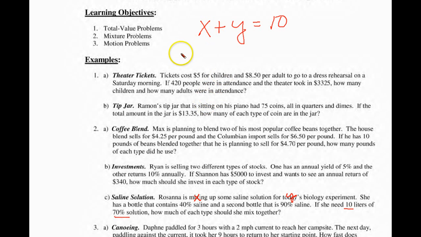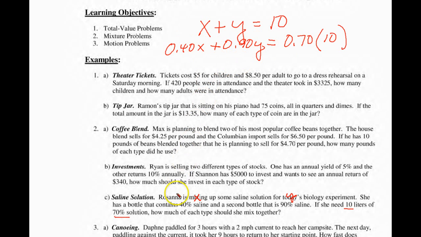Now, what's the concentration of 40? Well, 0.40x of 90 is 0.90y. And you want to mix up a 70. 0.70 of 10. There are your two equations.